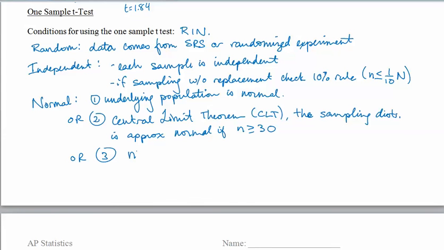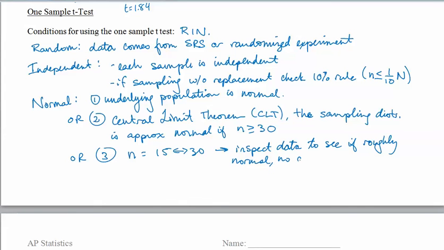If it's not, and n is between 15 and 30, we need to inspect the data to see if it's roughly normal, with no outliers or strong skew.